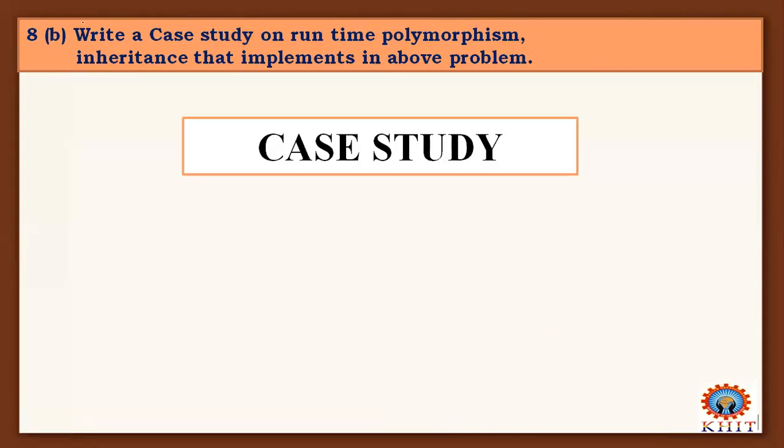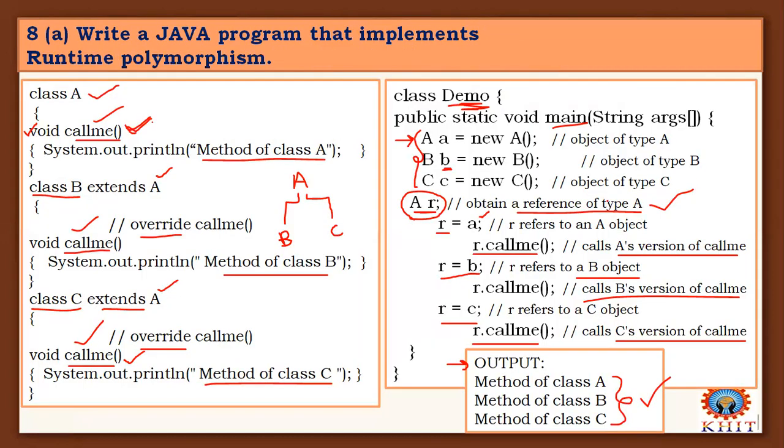Now, coming to writing a case study on the runtime polymorphism and inheritance implemented in the above problem. You have to prepare one case study document. There you have to write everything and show the process of what I told you about every class: what is the behavior of class A, how class B becomes a subclass of A, how class C does, and what type of inheritance we achieved among these classes.